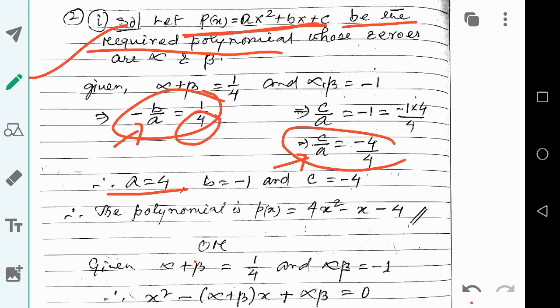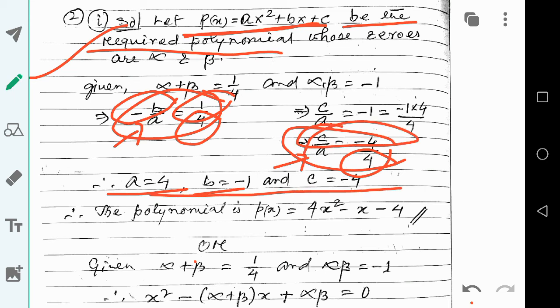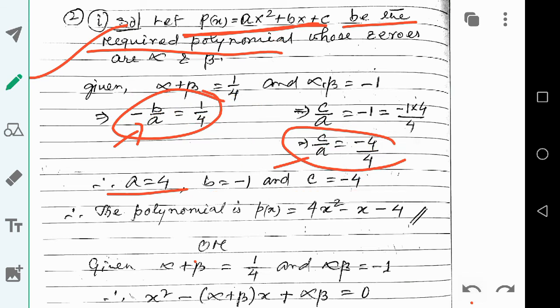On the right hand side, the denominators are 4 in each. So we can consider a is equal to 4. Then minus b is equal to 1, so b will be minus 1, and c is equal to minus 4. Putting these values of a, b, c here, we have got the required polynomial, that is 4x square minus x minus 4. Similarly you can solve the remaining problems.